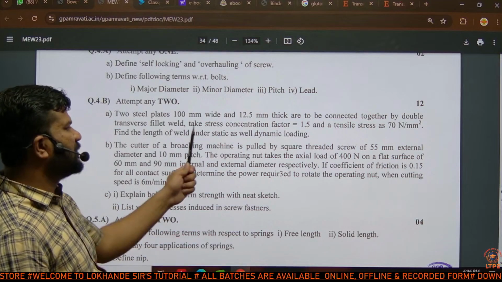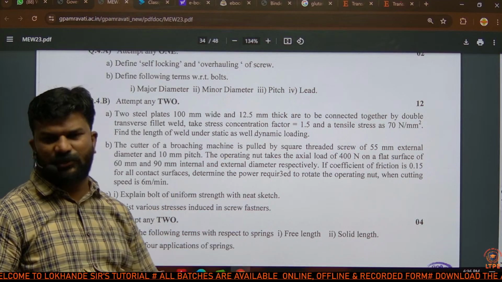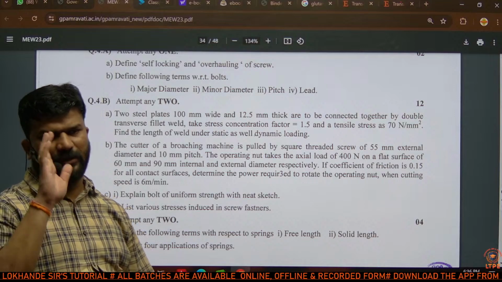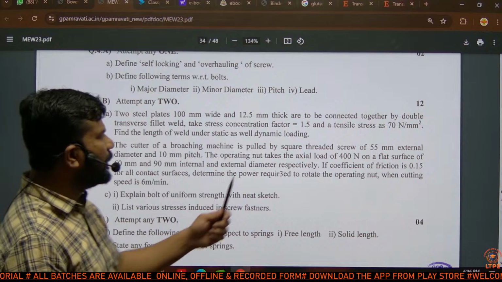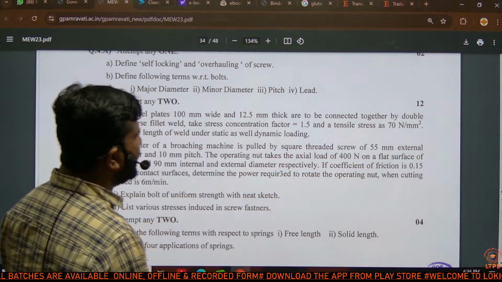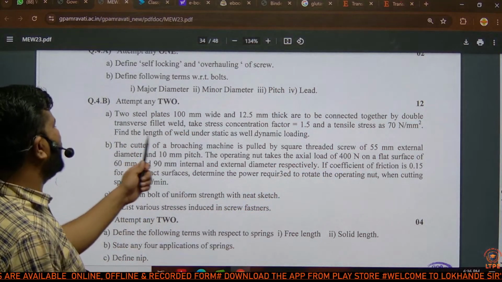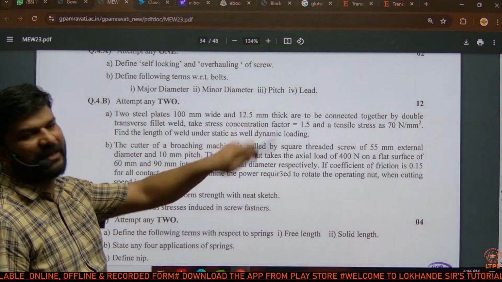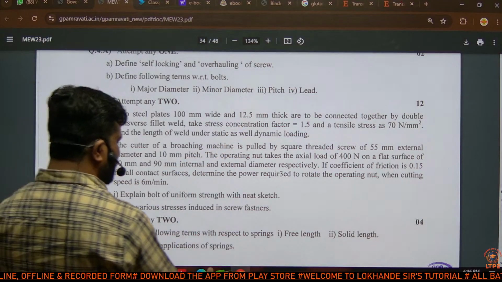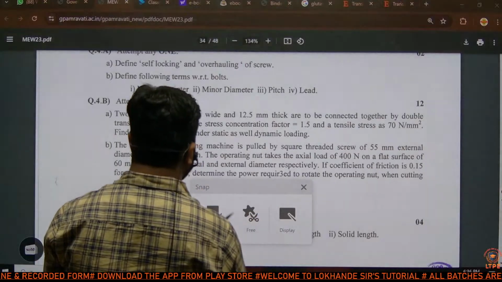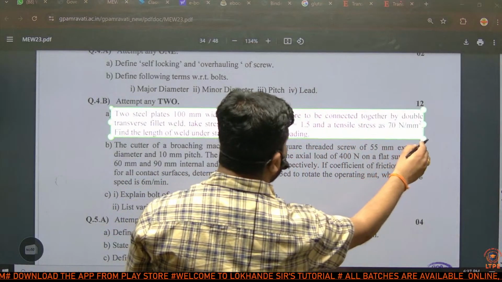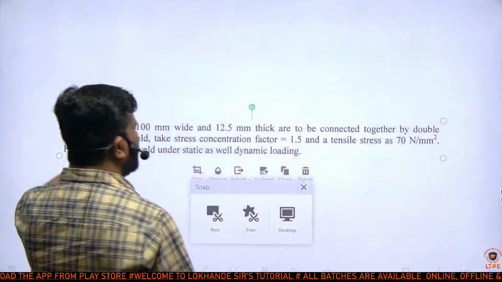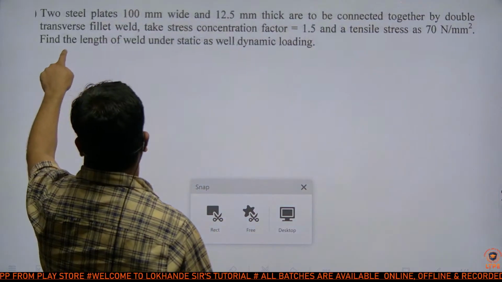Fatigue. Stress concentration factor is assumed in fatigue loading. In static loading, stress concentration factor is 1. And the tensile stress is given as 70 Newton per mm square. Find the length of weld under static as well as dynamic. We have to consider both the loadings, static as well as dynamic. Static means rest. Dynamic means in motion.